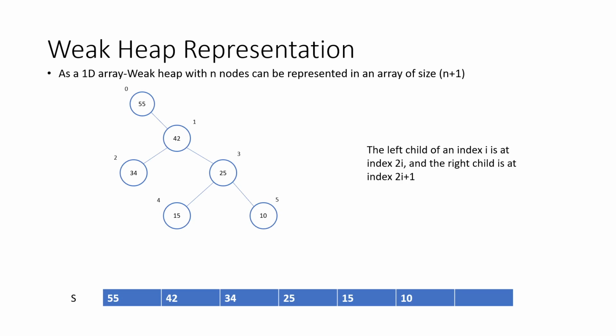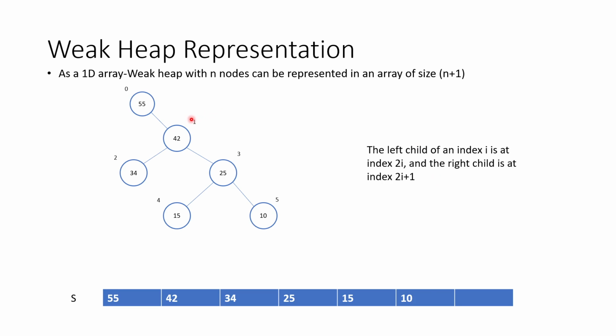So let us see how a weak heap is represented in the memory. A weak heap can be represented using a one-dimensional array, and a weak heap with n nodes can be represented in an array of size n plus 1. So looking at the indexing of all the values, the left child of an index I is at index 2I, and the right child of an index I is at the location with index 2I plus 1.